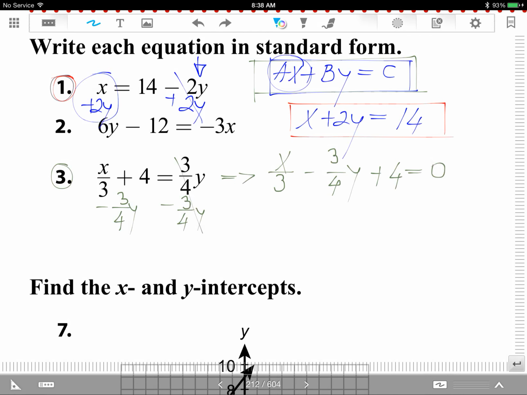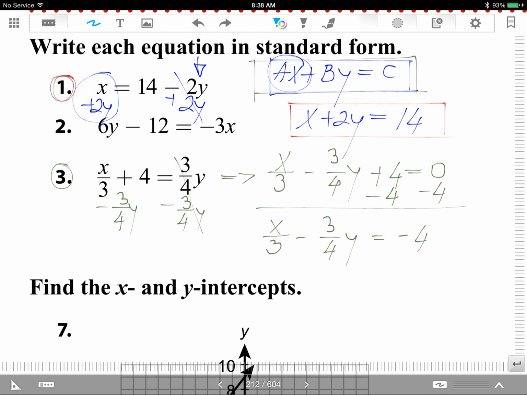Okay? Well, I still need to have only x and y on the left side, so that 4 should go away, and I'm going to subtract 4 from both sides. Now my expression is x over 3 minus 3 over 4 y equals negative 4.